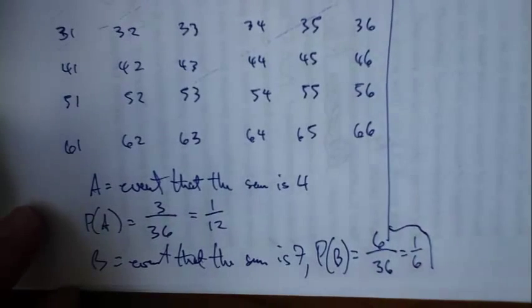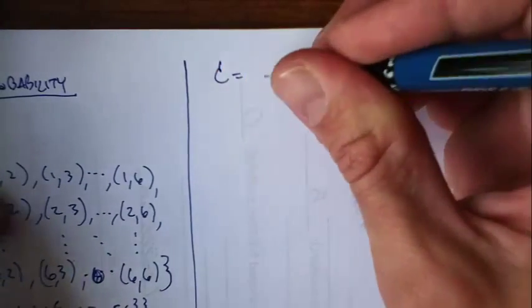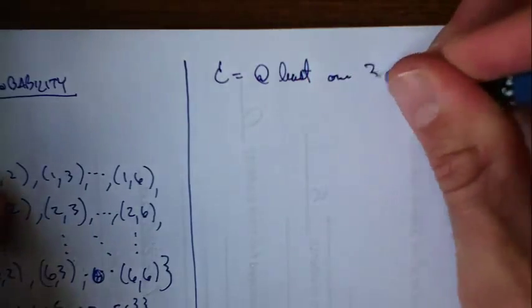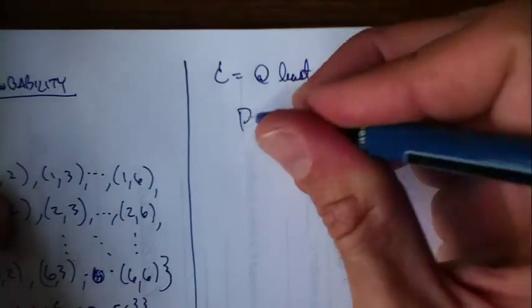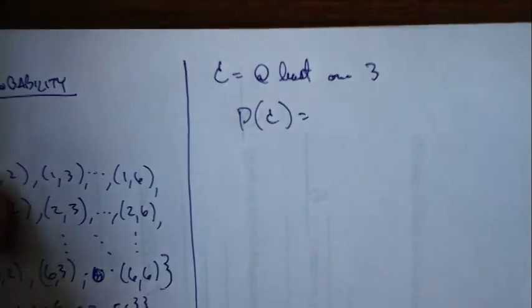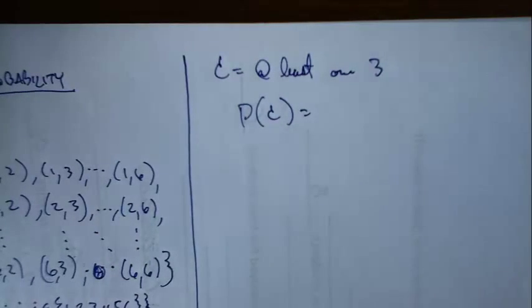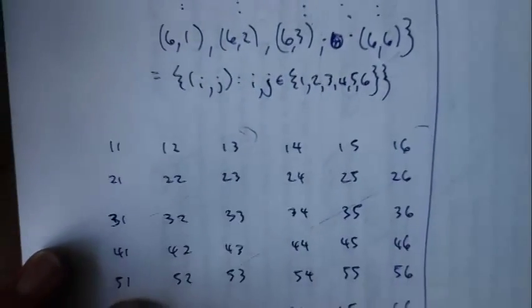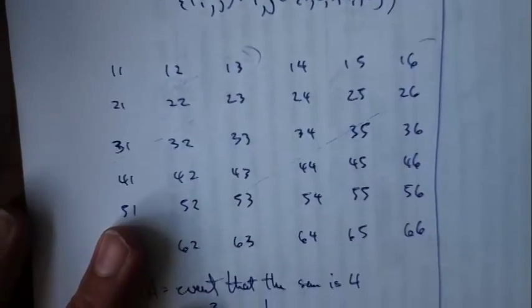Makes sense? What about the event that at least one die shows a 3? Call it C. What's the probability of C? Where do I see at least one 3?